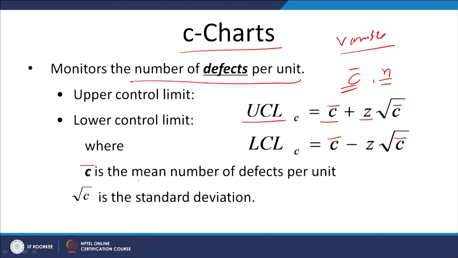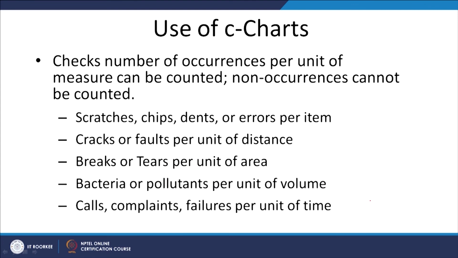Here C bar is the mean number of defects per unit, and we put the value of 3 for Z, which is normally taken for 99.7 percent of the fraction for the normal distribution.